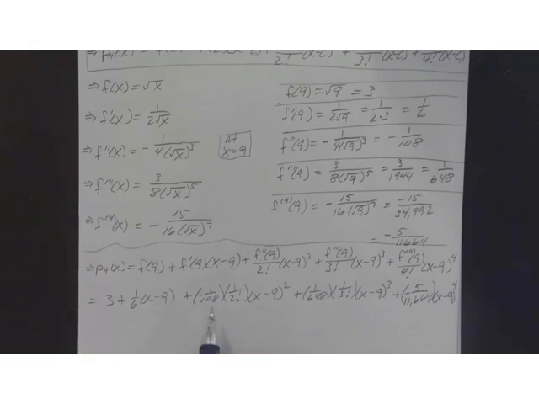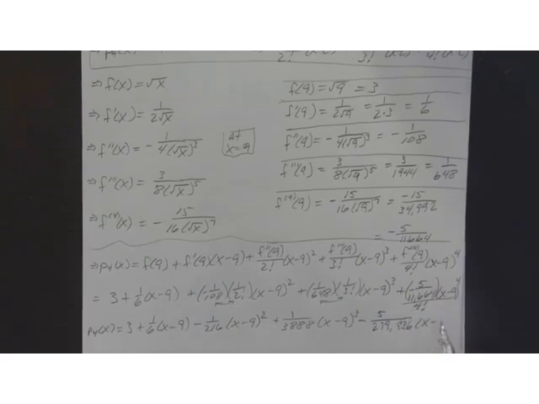So if we simplify this just by multiplying our terms together, then that would give us p sub 4 of x is equal to 3 plus 1 over 6 times x minus 9 minus 1 over 216 times x minus 9 squared plus 1 over 3,888 times x minus 9 to the third power minus 5 divided by, oh, forgot my 4 factorial.